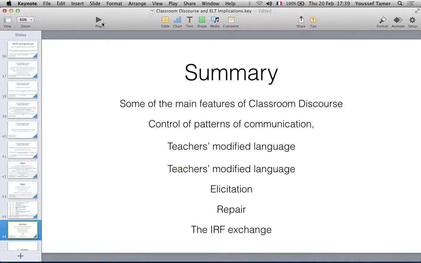So, a summary of our lecture about the features of classroom discourse.